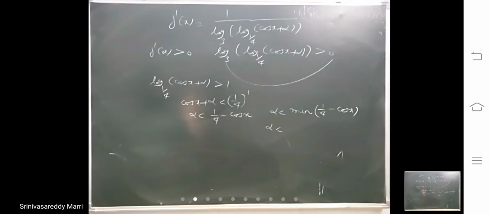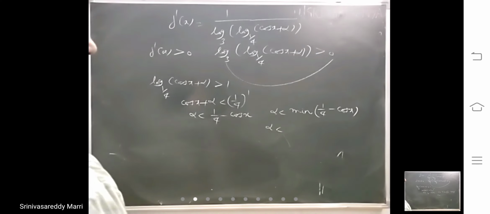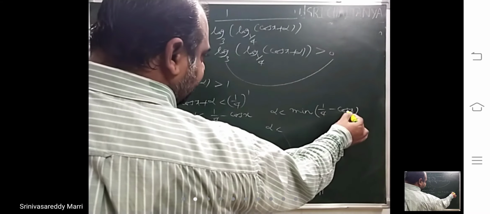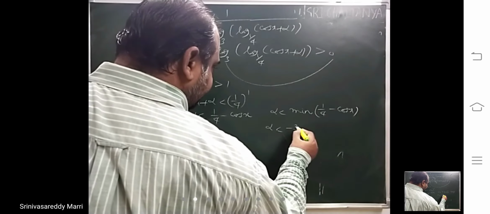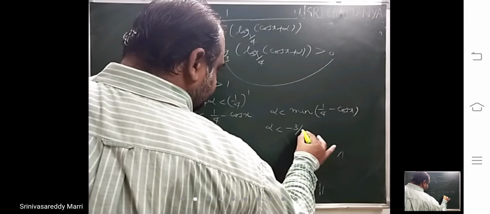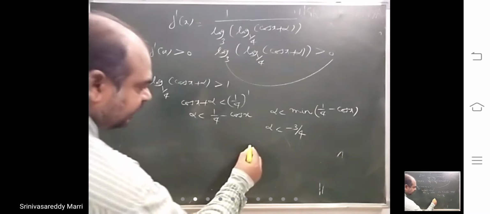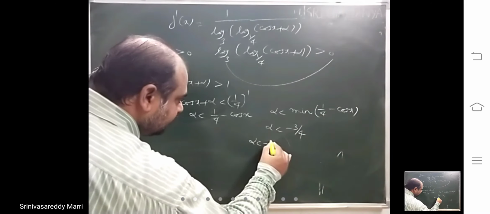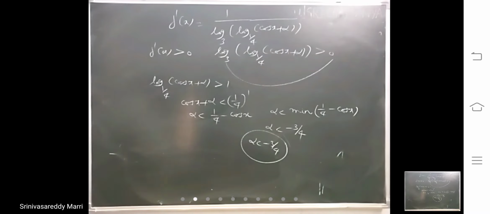The minimum value is c minus root of a square plus b square. That means you will get 1 by 4 minus 1, that is minus 3 by 4. So alpha is less than minus 3 by 4. That is the answer.